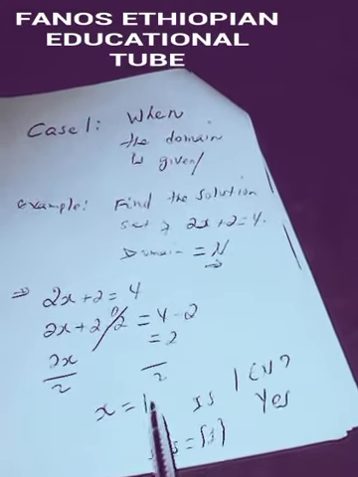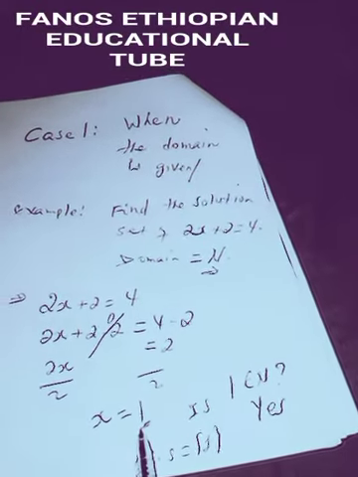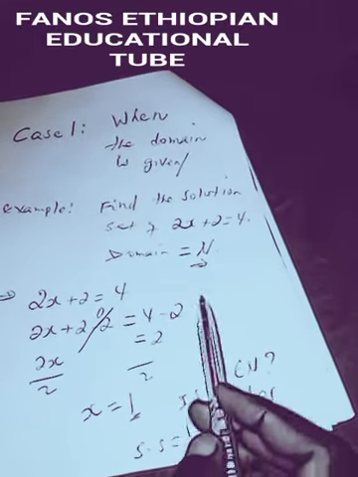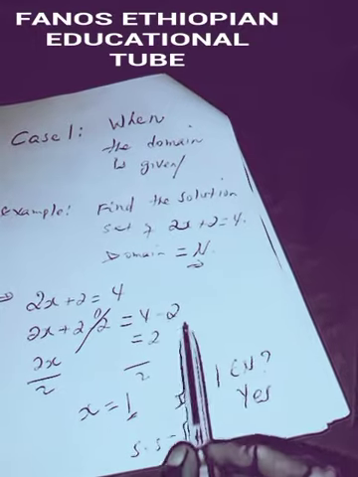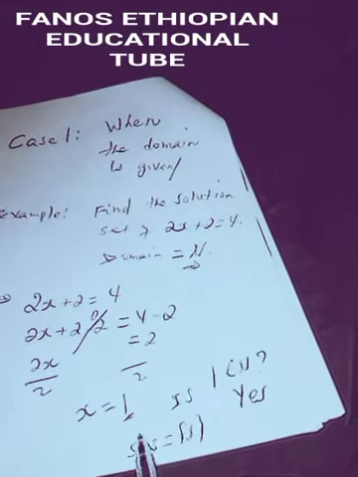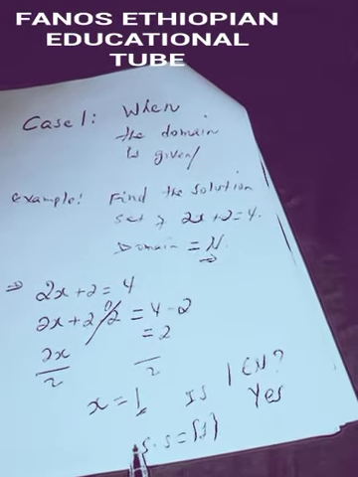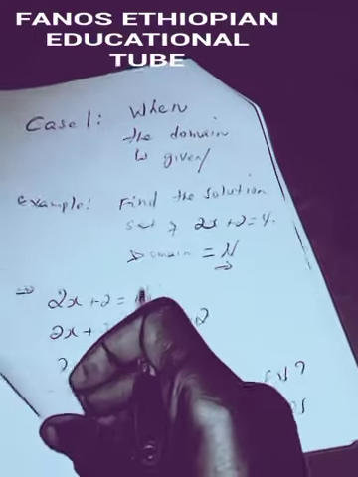But in a case where the value of x is less than 1, for example 0, what happens to our solution set? If x is 0, 0 is not an element of the set of natural numbers, so immediately our solution set is the empty set. So this is the case where the domain is provided.